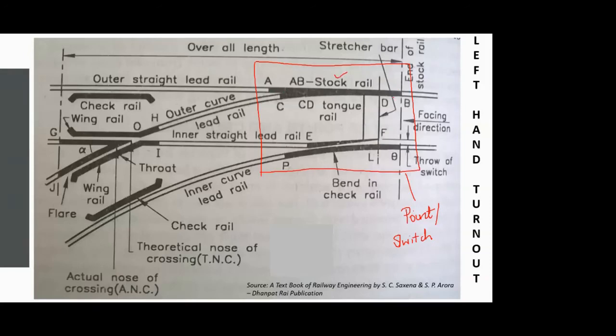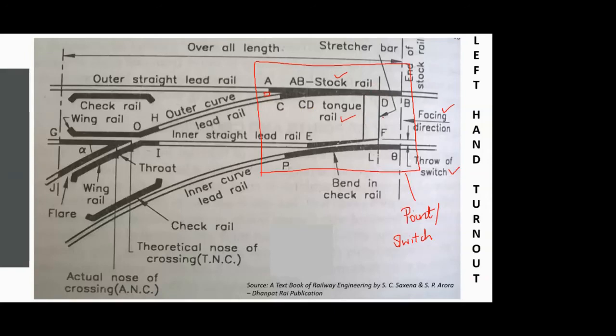From this picture you can't get that much idea, but now you have seen the actual photo, so you know what is a stock rail, you know what is a tongue rail, you know what is the facing direction, you know what is the throw of a switch, and there are some components which have not even been shown in this line diagram. So there is the heel block or a distance block. There is a stretcher bar. This is the stretcher bar. Okay.